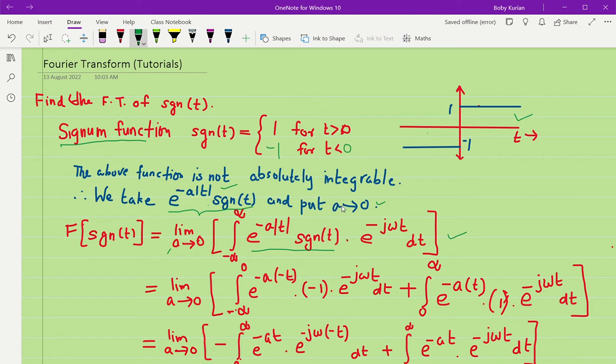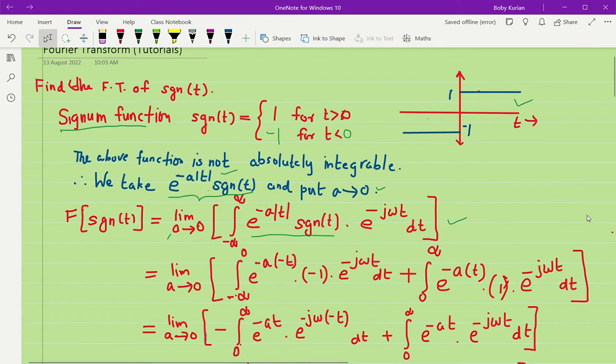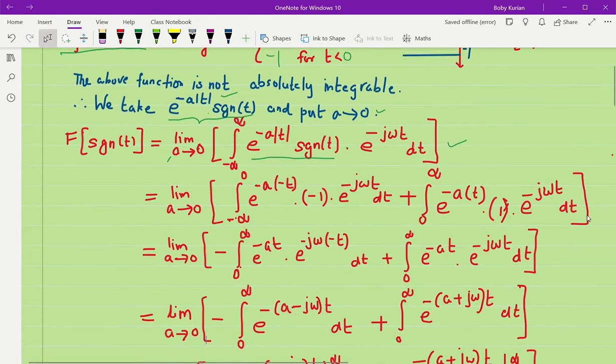And we have to put a equal to 0 or a tends to 0. That means in this function, when a equal to 0, e power 0 comes here, that is equal to 1. So it has no change. That is not producing any change to the function. So we are proceeding in that way.